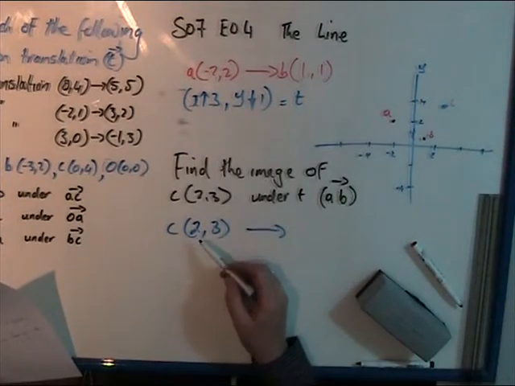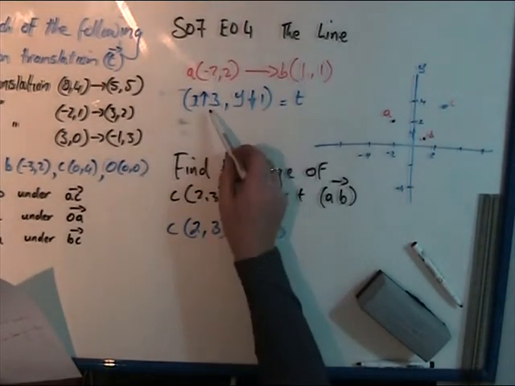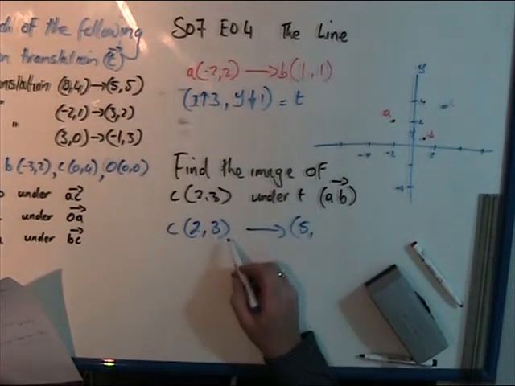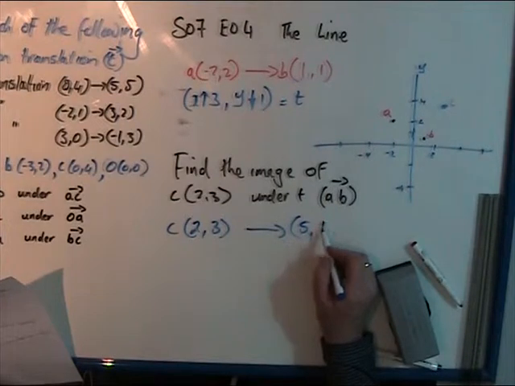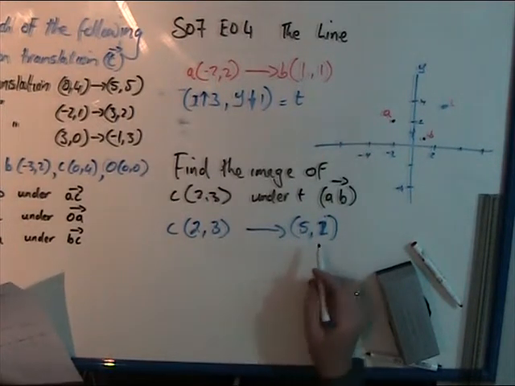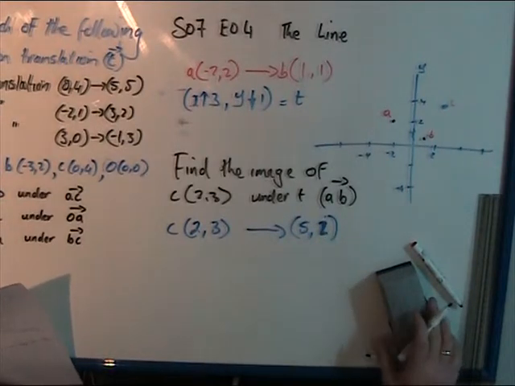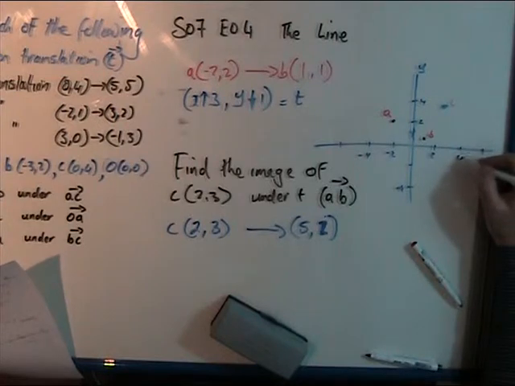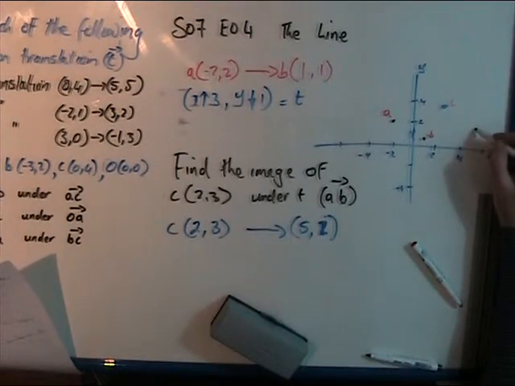Back to this: what happened to x? X went up 3, so 2 plus 3 is 5, and the y went down 1, so 3 minus 1 is 2. So you've got the point (5, 2). That's 5 for the x and 2 for the y, so it's there.